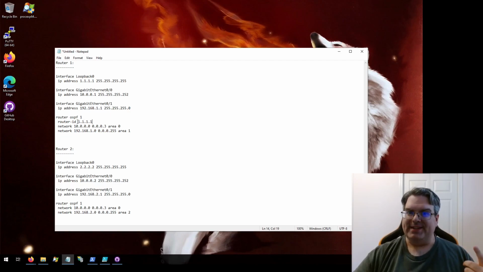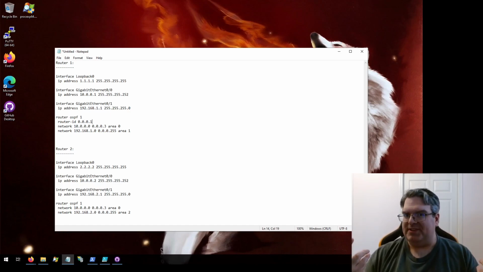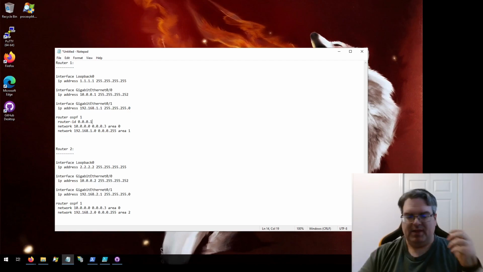Now, the router ID, I mentioned last week, OSPF uses dotted decimal notation a lot of the times, but it's not actually an IP address, so you could just as easily make this something like so, and it would treat it perfectly acceptably.